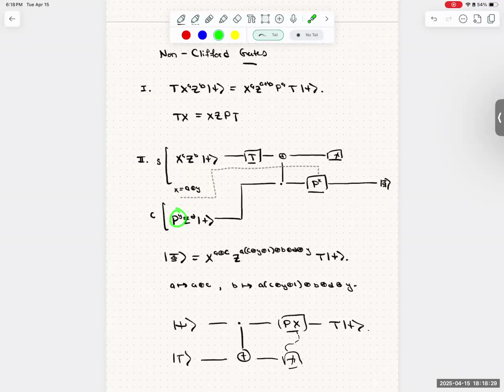Because the Y is coming from this, and the A is coming from when you conjugate this through, I'll have a P to the A power here, which is the thing that you're going to try and undo.